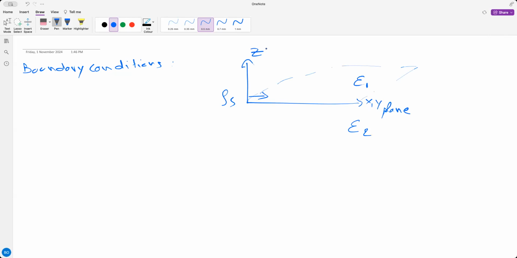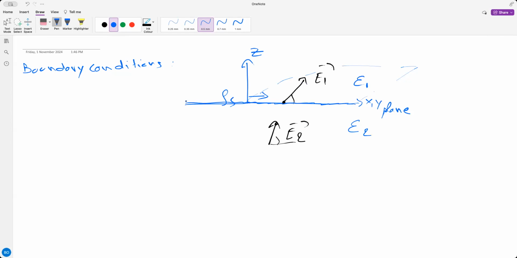Okay. Here I have, let's assume, an electric field E1, and here I have another electric field E2. They do not necessarily have the same angle. The question is, what will be the component at the surface?